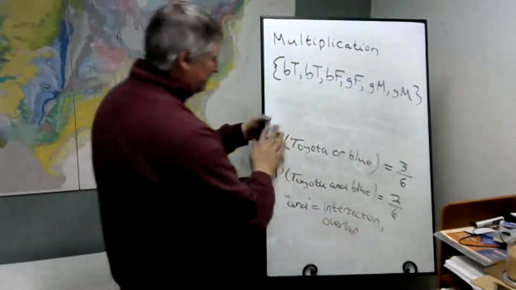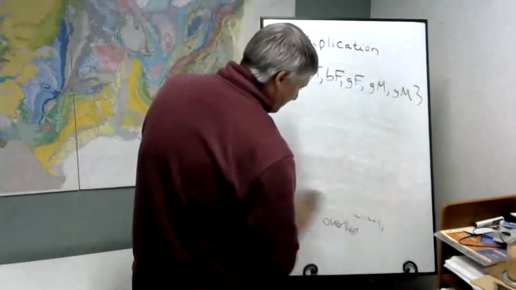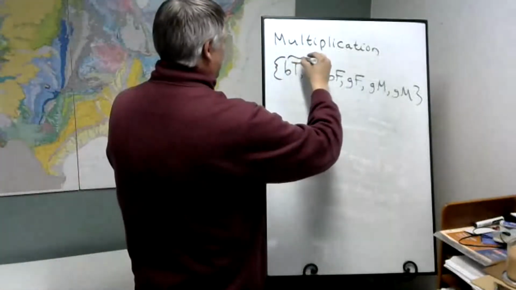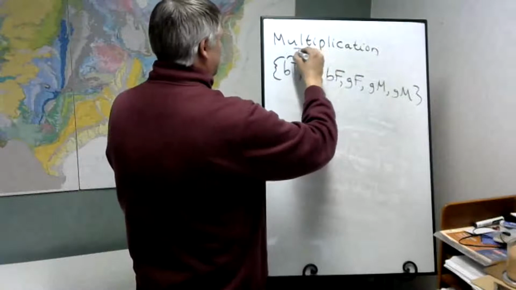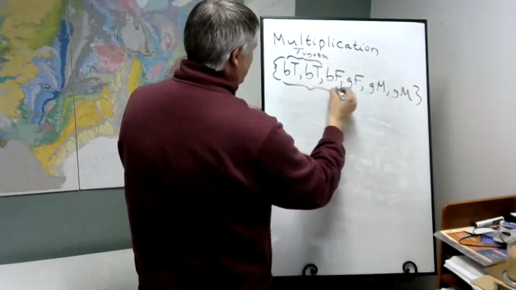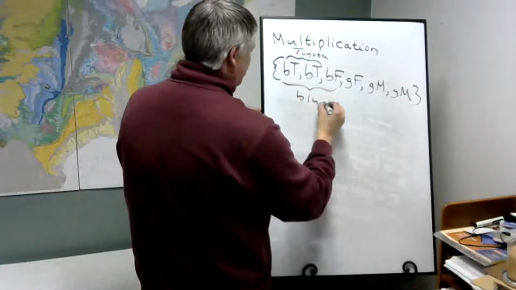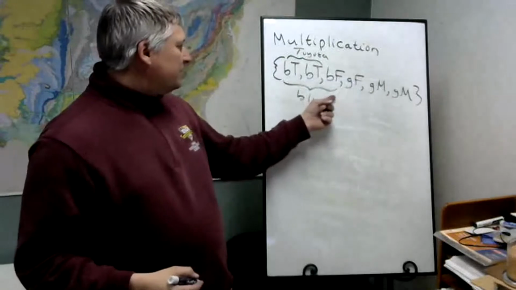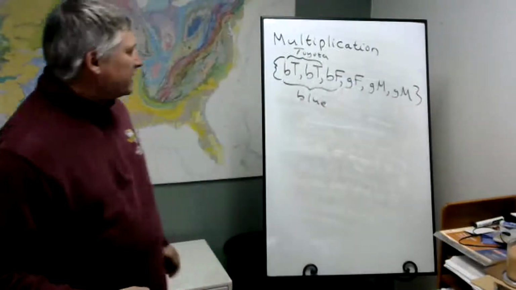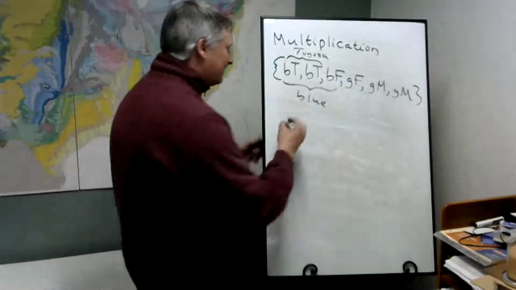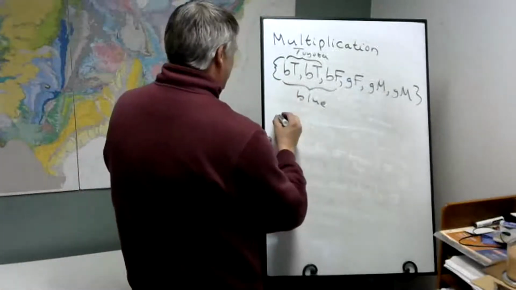So for example, here's the event that we have a Toyota. And this would be an event that we have a blue car. So what elements are common to the event of blue car and the event of Toyota? Well, only blue Toyotas.